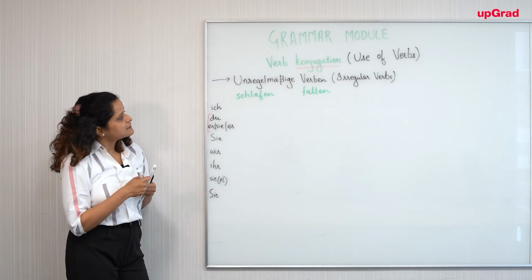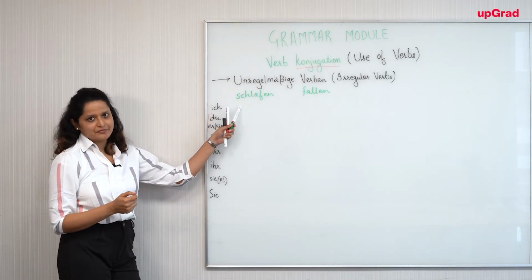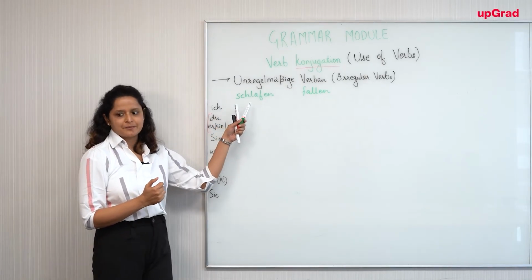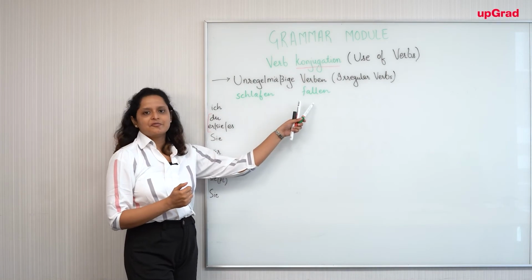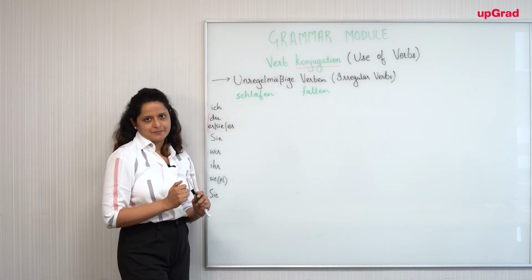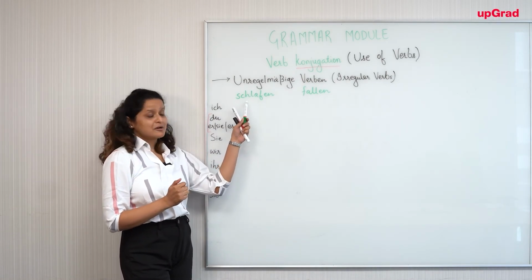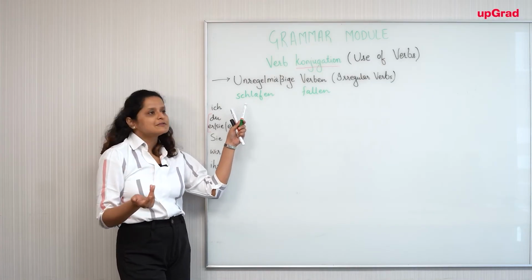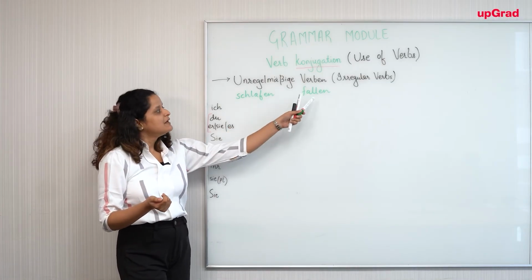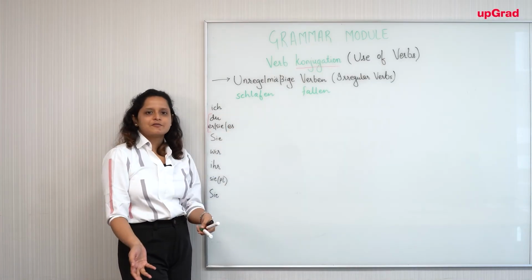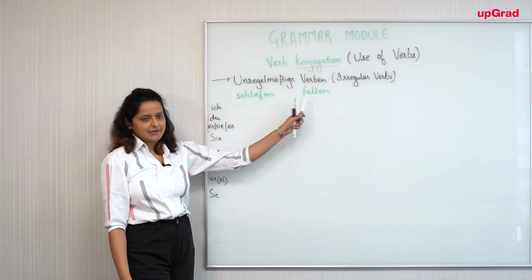We have two verbs here: the verb schlafen, which means to sleep, and the verb fallen, which means to fall. When you're talking about how much you want to sleep, how long you sleep, the verb is schlafen. Fallen is, let's say somebody falls from somewhere, then it is fallen.